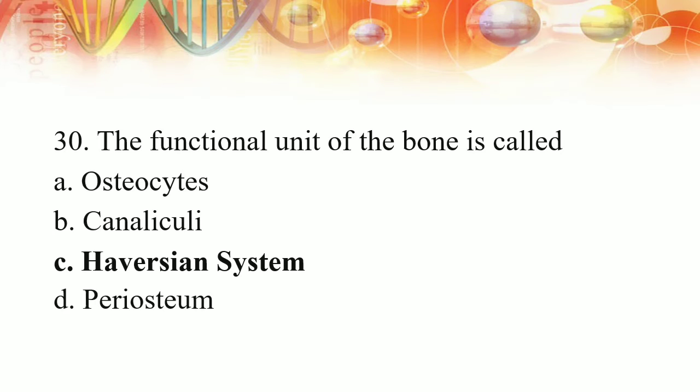Periosteum is the dense layer of vascular connective tissue enveloping the bones except at the surfaces of the joints. Haversian system provides the protection and strength of bones, also contains a mineral matrix and living osteocytes connected by canaliculi which transport blood, making it the functional unit of bone.